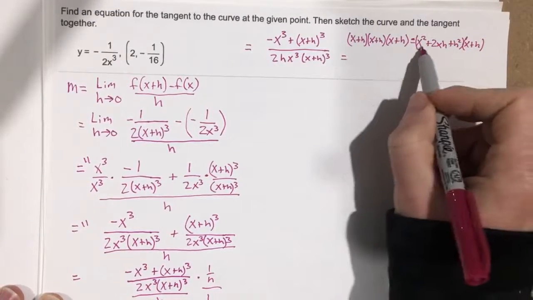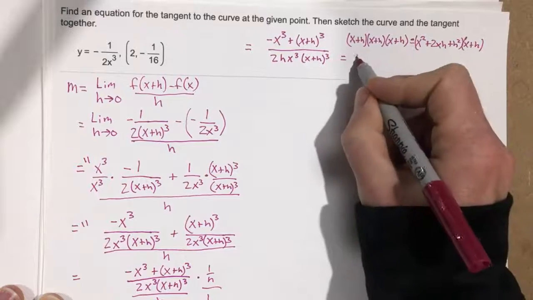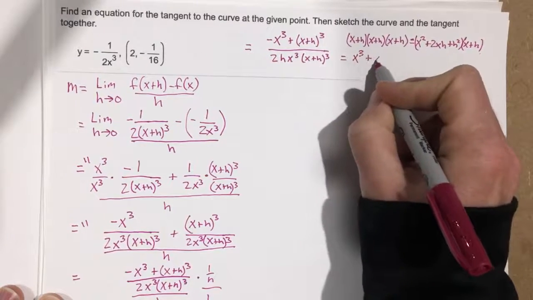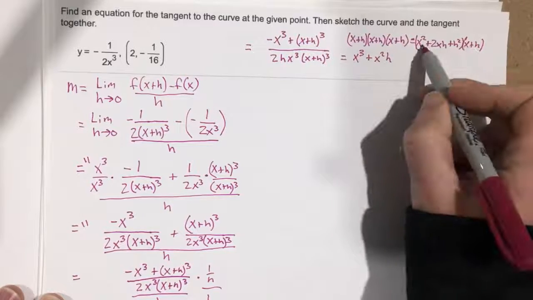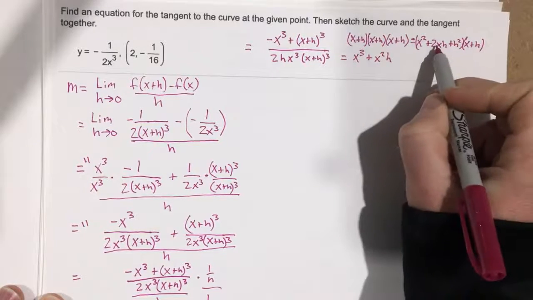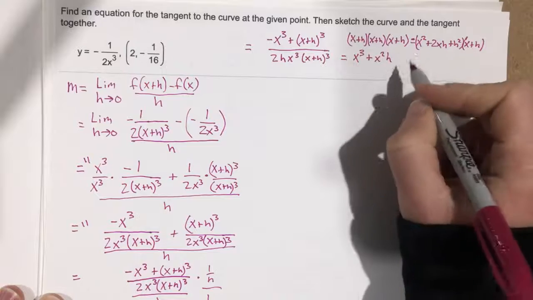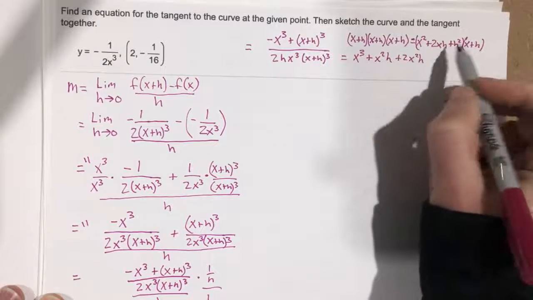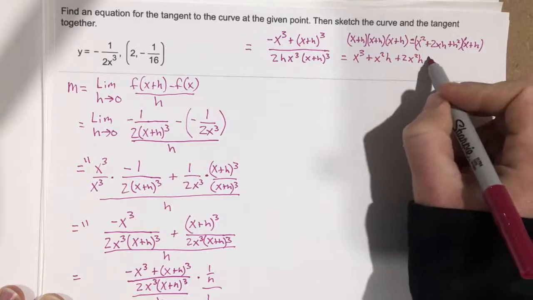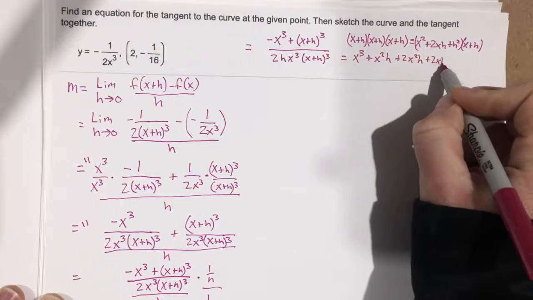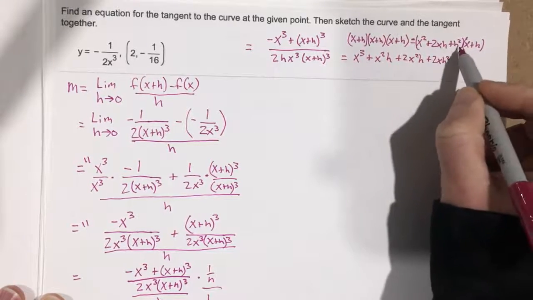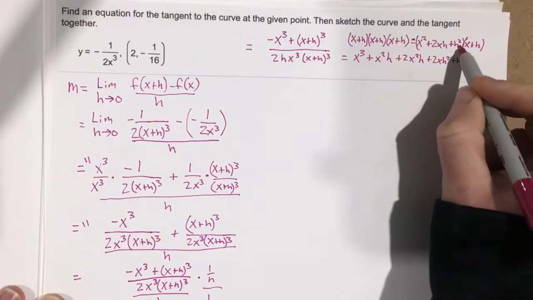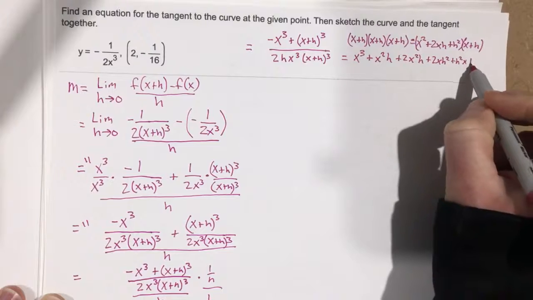Now we're going to get x squared times x, so that's x cubed. x squared times h, so I get x squared h, right? This one times this one here. Now I do 2xh times x, that's plus 2x squared h. 2xh times h is plus 2xh squared. h squared times x is plus h squared x, and h squared times h is h cubed.